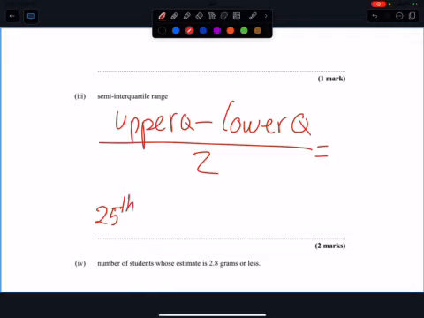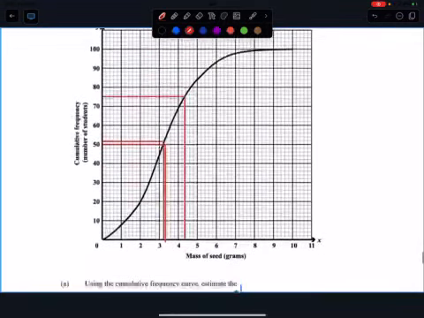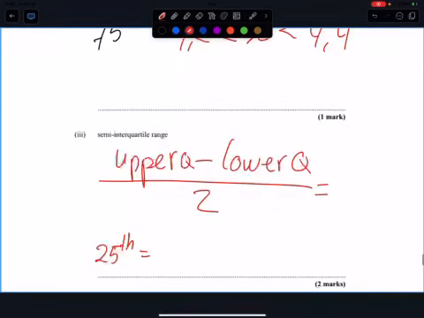So the 25th, you go again here, at 25, which is 4 here, and go down, somewhere at 2 point, what is it? 2.3, 2.4, near those answers.